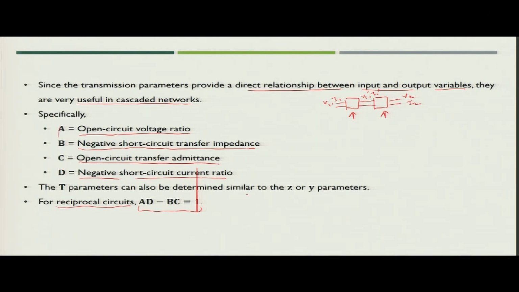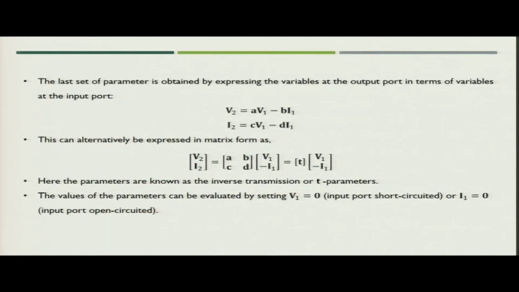We will determine them similar to what we did in case of Z, Y, or H and G parameters. That means we will first open circuit the output port and then short circuit the output port and find out the values of the ABCD parameters.